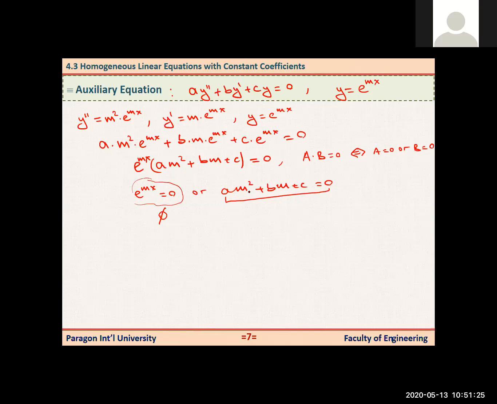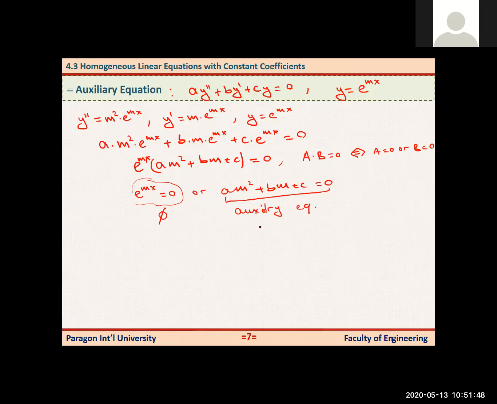If I can find m, m1 equals something, since the quadratic equation has two solutions, and I substitute here, we will get the solutions of this differential equation. This special equation we call the auxiliary equation.